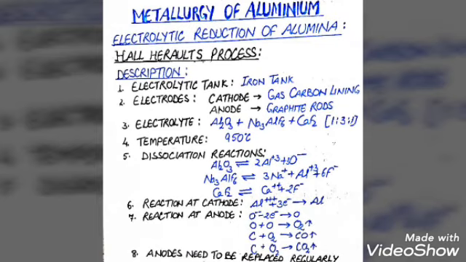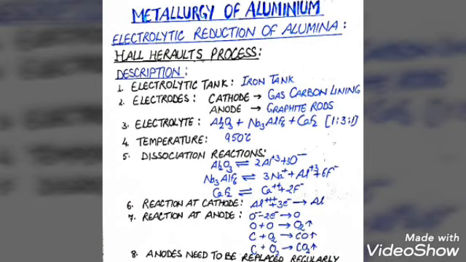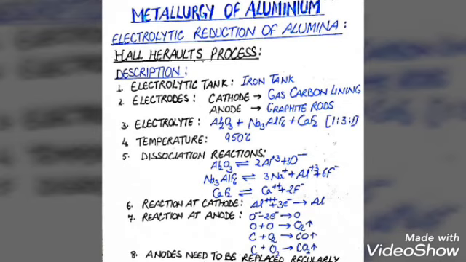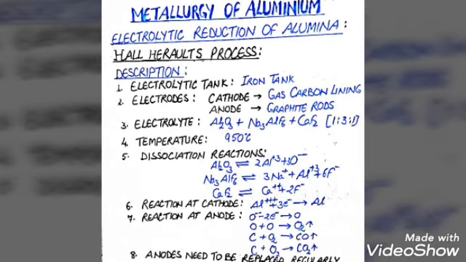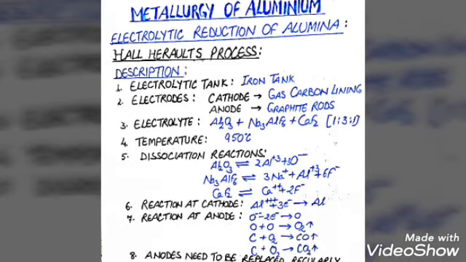So all cations will move towards the cathode and anions towards the anode and get discharged as per the selective discharge of ions. At the cathode, aluminium gets discharged to form pure aluminium, and this aluminium seeps down because the temperature is high, and with the help of the sloping bottom it moves down and can be collected with the help of a tap outside.